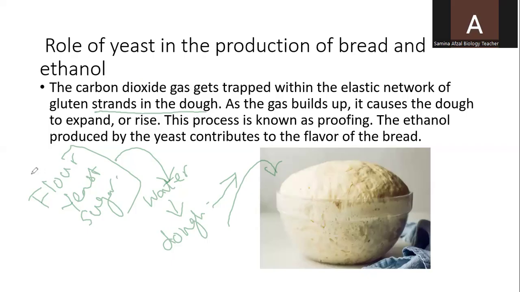As the gas builds up, it causes the dough to expand. This process is known as proofing. So proofing is when the bubbles are produced in the dough and it makes the dough rise.